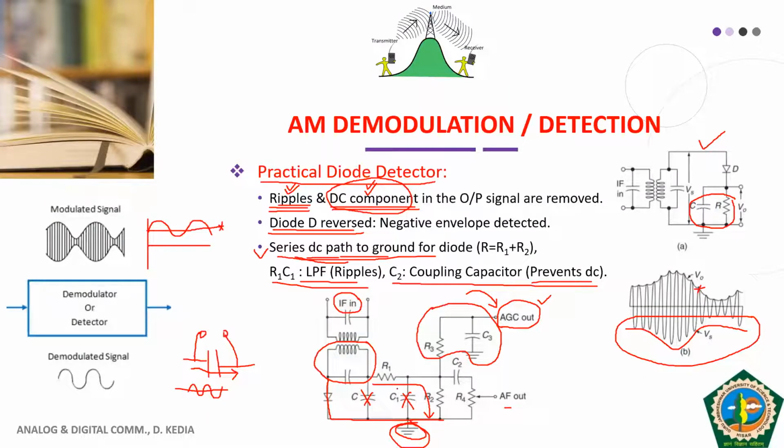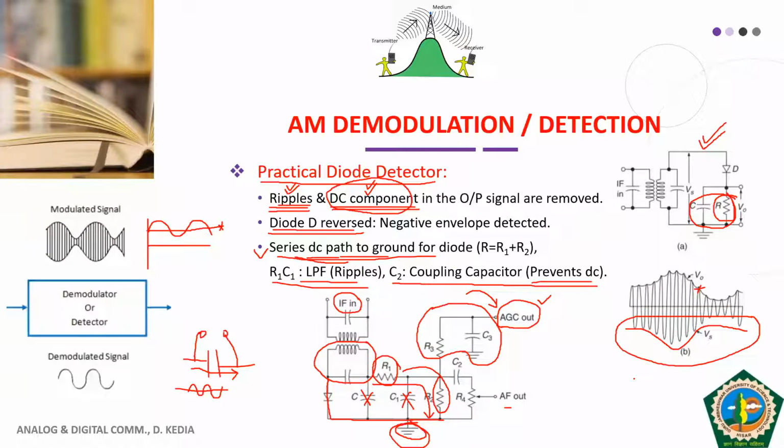Okay, so if you want to correlate this R1, R2 with your original diode detector circuit, you can see that there was one R here. This R has now been divided into two resistances, R1 and R2, just to provide a series DC path to ground for the diode. So this is how we can detect our AM signal using a practical diode detector, where we have removed ripples because of the R1C1 filter, where we have removed the DC component by using a coupling capacitor.